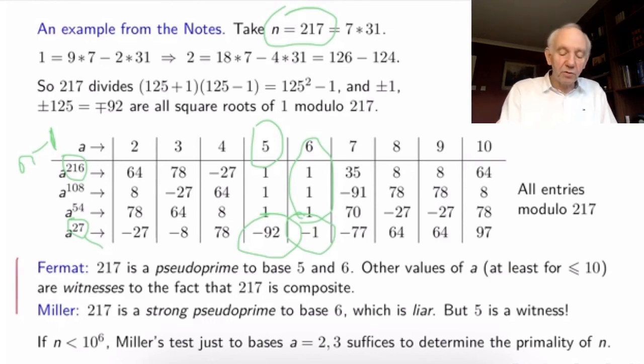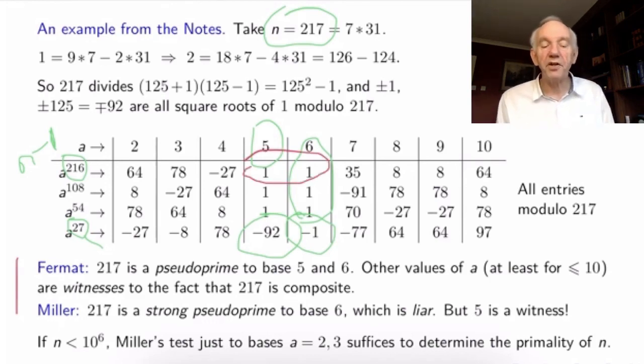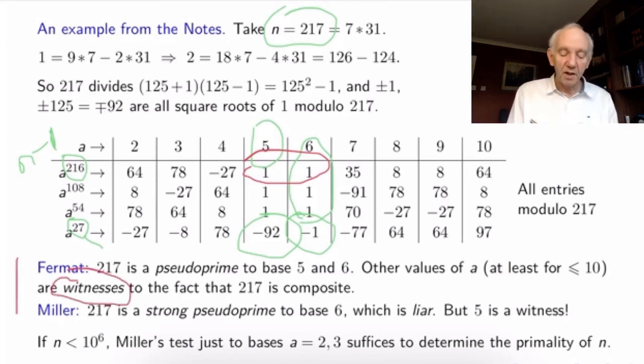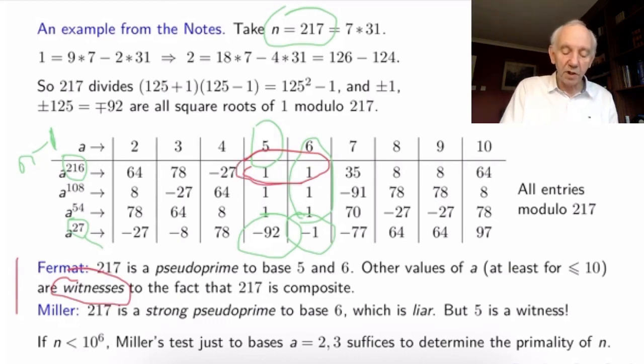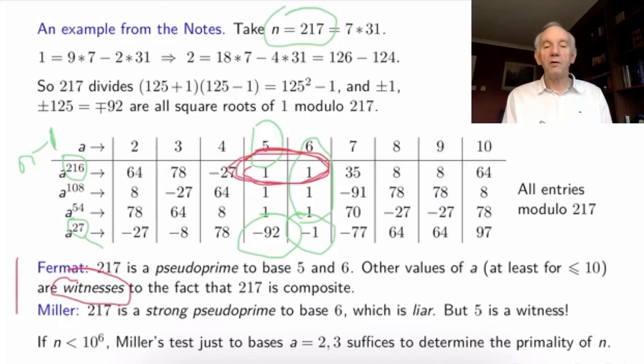So because there are 2 ones here, we would say that 217 is a pseudo-prime to base 5 and base 6. But other exponents, at least the ones we've shown, show you that 217 is not a prime number. They're what are called witnesses to the fact that 217 is a composite number. It's not a prime number. In fact, I think you can go up to about 24, and you won't get ones for many other exponents.